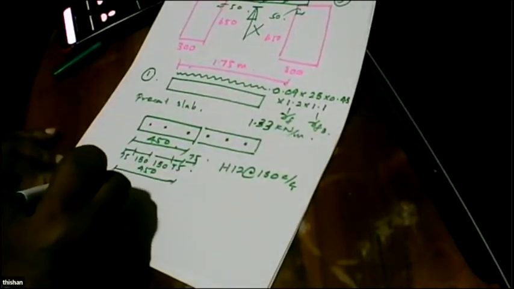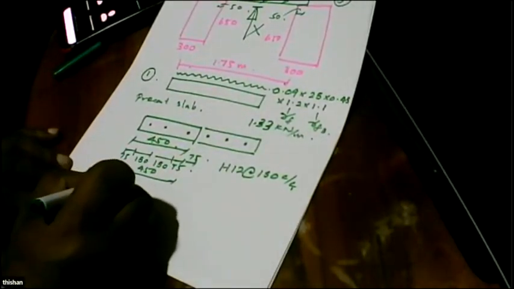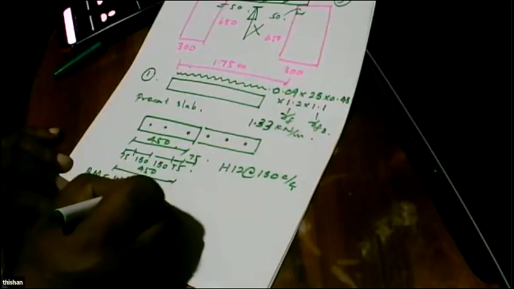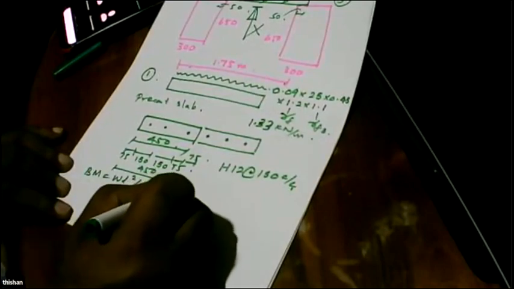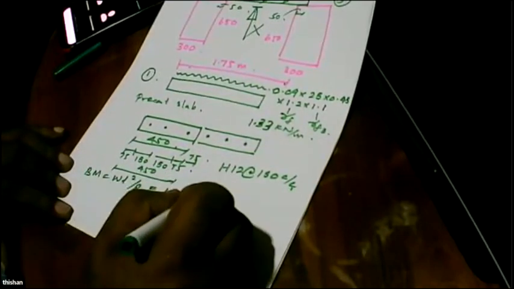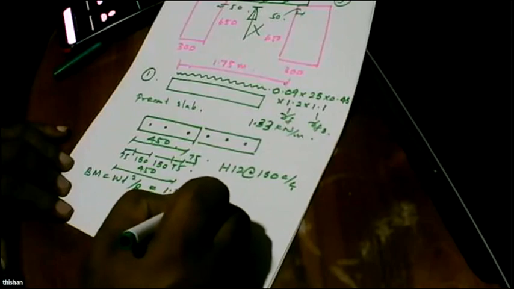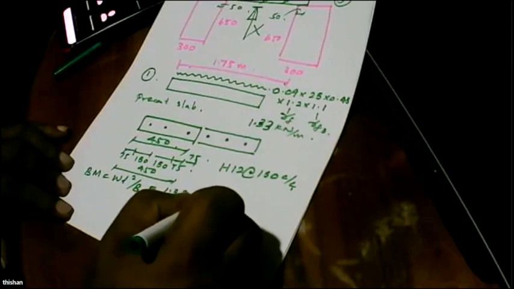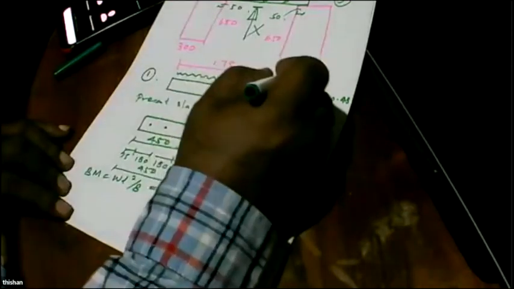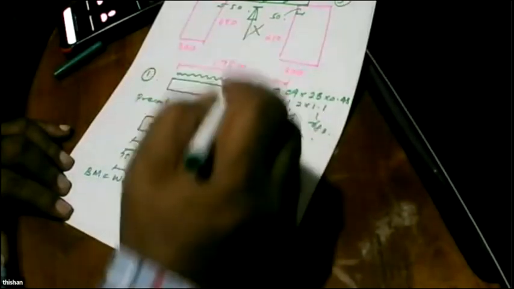So you can see it's a very small moment, and you can design it for bending. Bending moment is equal to W L squared by 8, which is 1.33 into, we just assume that the span is about 1.6 meters, because here you can see the center to center is 1.75.